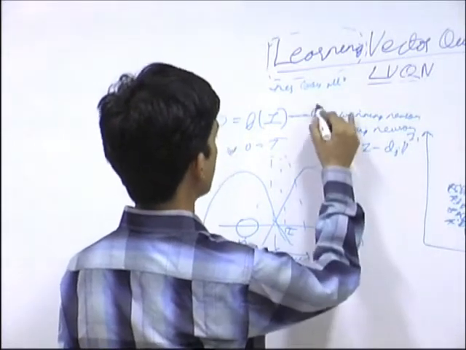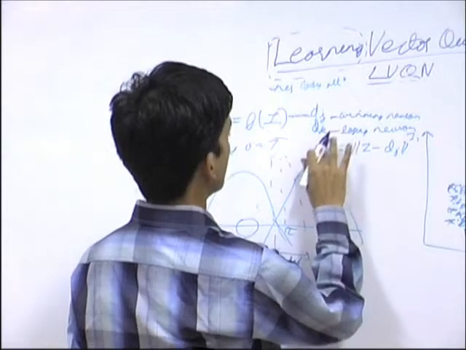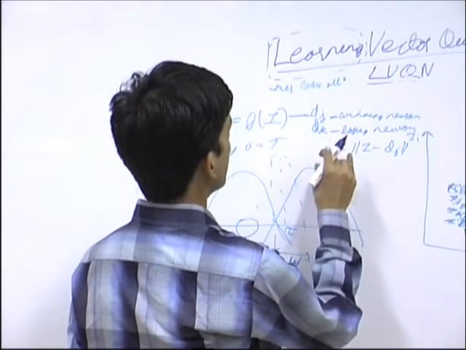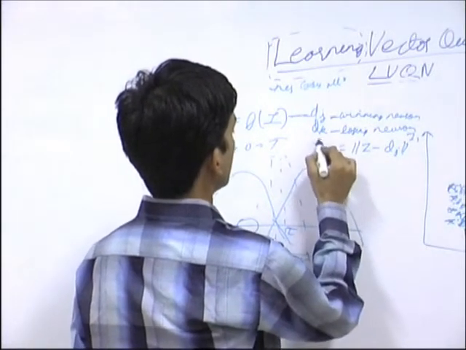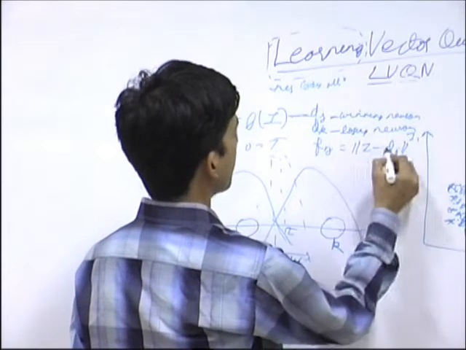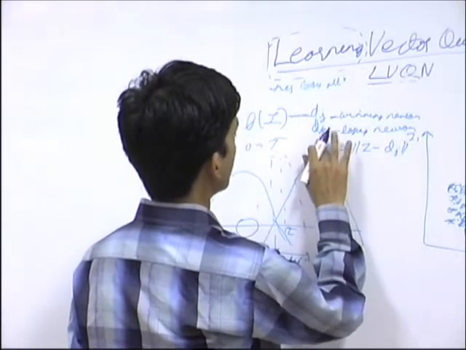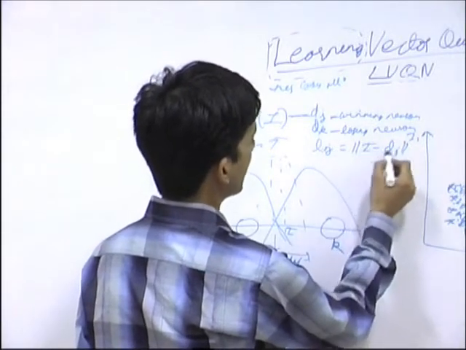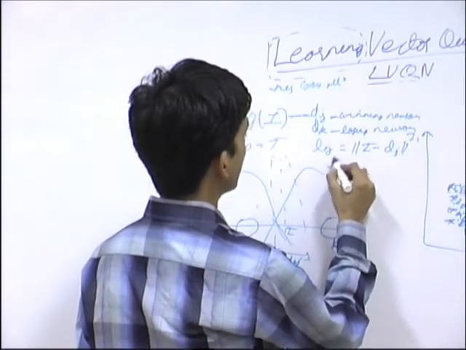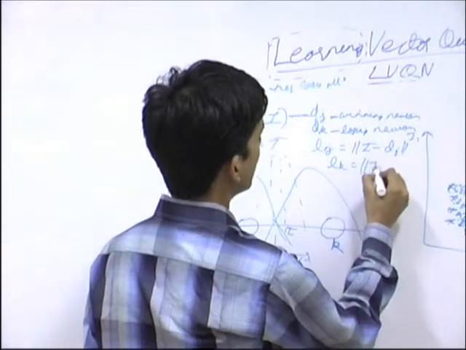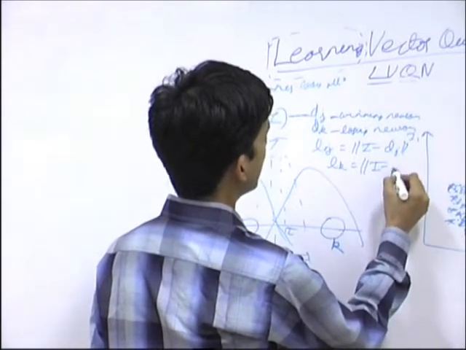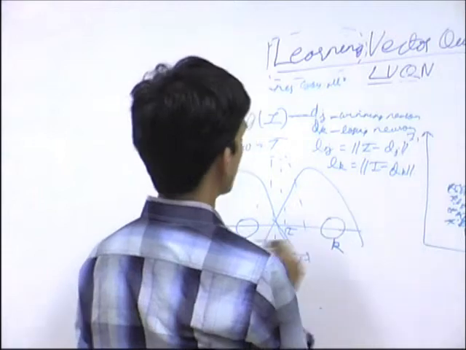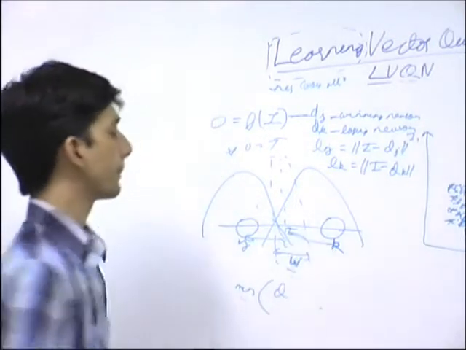Similarly, let me say DK is the distance between the input and the neuron vector K, the norm between the input and the applied vector K. So I am measuring these two kinds of distances from the input.